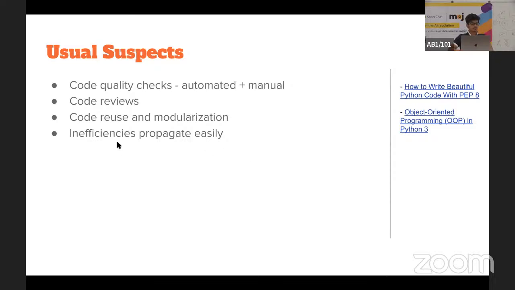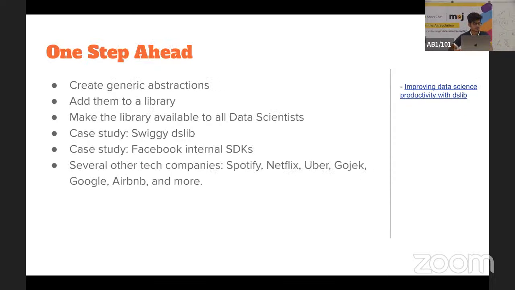And of course, this last point I want to emphasize: inefficiencies propagate very easily because you copy code from one notebook or one file to another and it just keeps on propagating. And for that, you need to have these code quality, code reuse, and modularization checks in place.